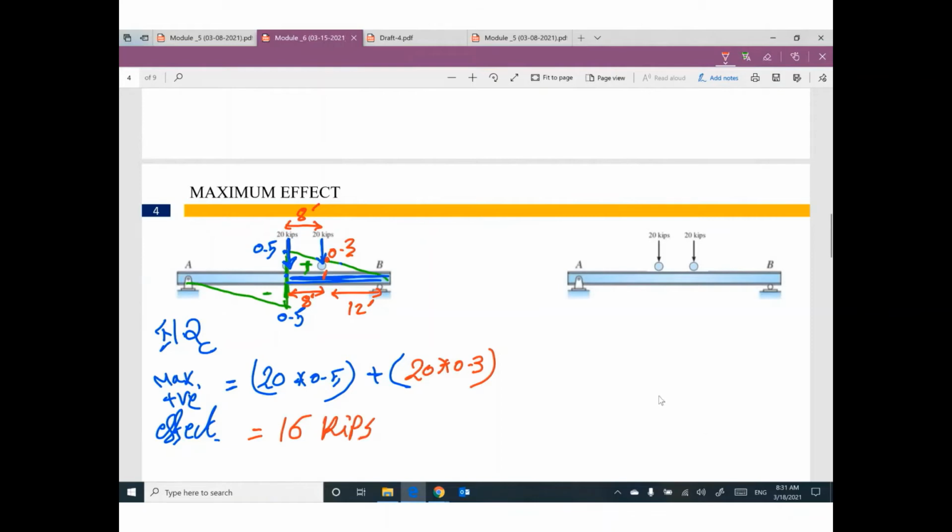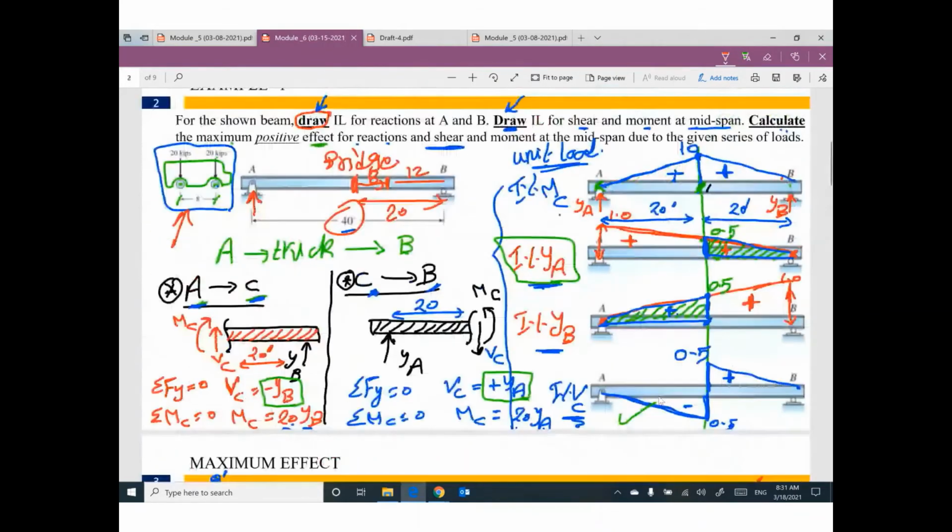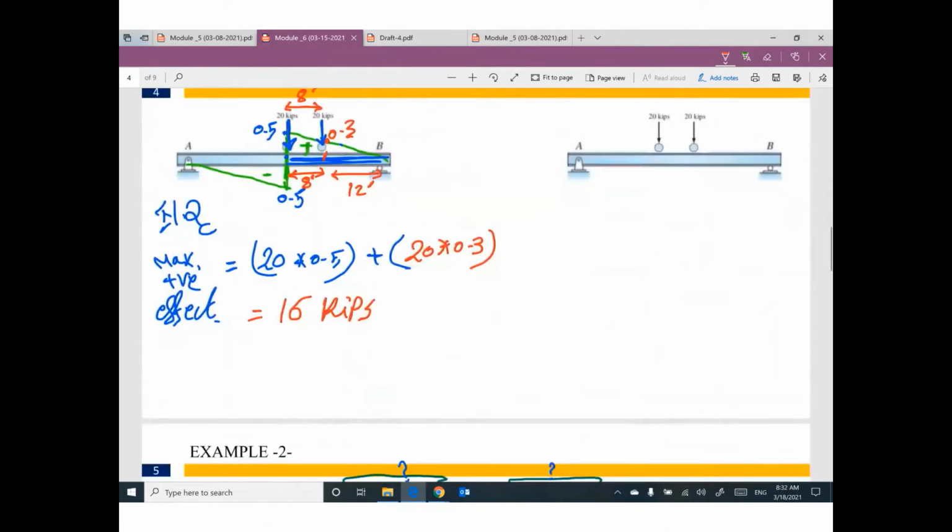So believe me, if this truck is moving on this bridge at any position, the worst case for shear at C will be 16 kip. No way, don't worry. If you design this bridge at point C on this 16, we are safe against any movement of this truck.